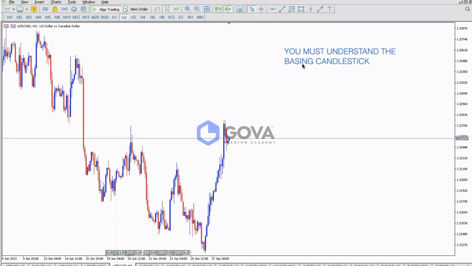What is basic candlestick, you might ask? Here is the simple answer to this question. Basic candlesticks are candlesticks that represent the order matching process.